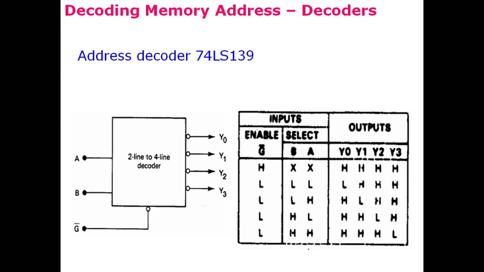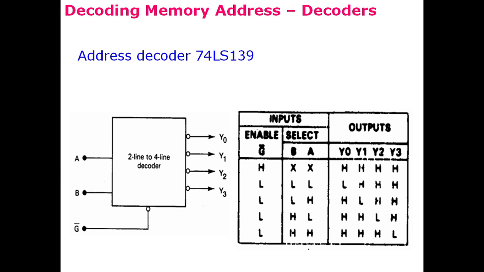To decode or identify a memory location, the address coming out from the microprocessor needs to be decoded. Because in many cases, even though the 8086 and 8088 microprocessors support 1 megabyte of memory, it is not necessary that all of the memory that it can support is attached to the microprocessor. In many cases, the microprocessor is attached to less memory than it can support.